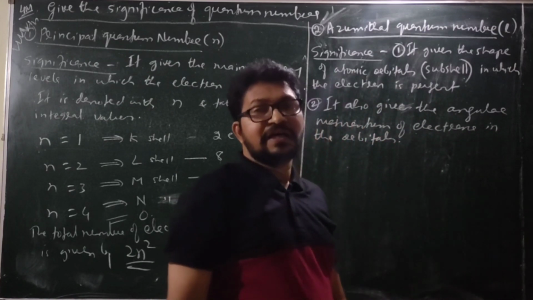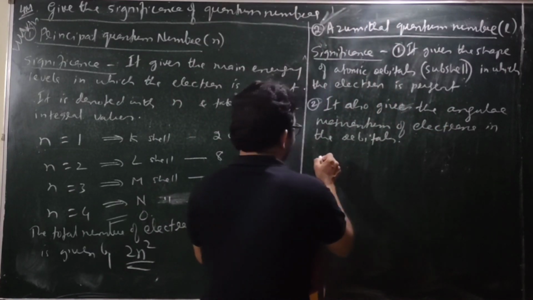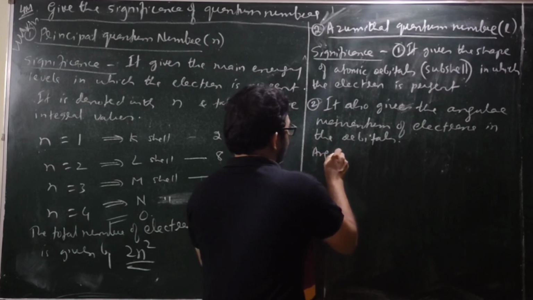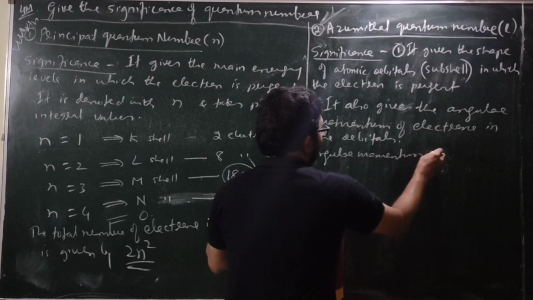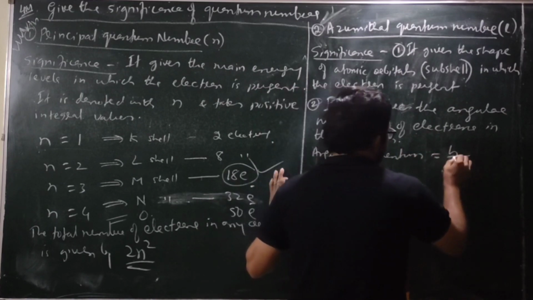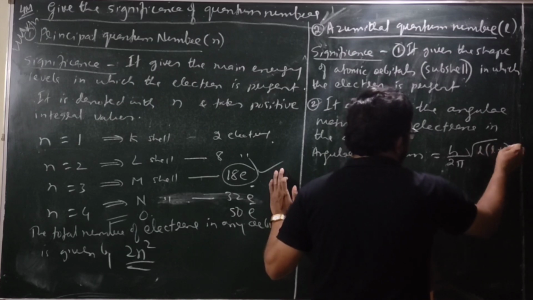Note this, students. The angular momentum of the electron in the orbitals also has a formula. Orbital angular momentum equals h upon 2 pi into square root of L into L plus 1.